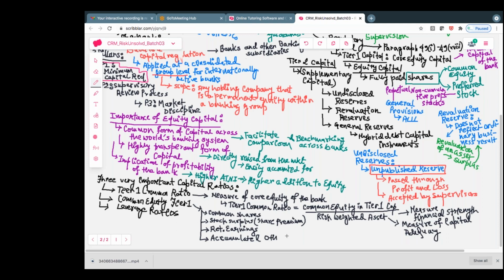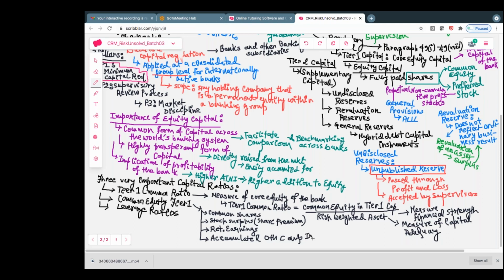So when we have a look into this, we can clearly see the capital structure that a bank typically has. Now this capital structure is given. So what we are trying to see here is what are the feeders or components which enter into creating this capital structure. So other comprehensive income and so on.